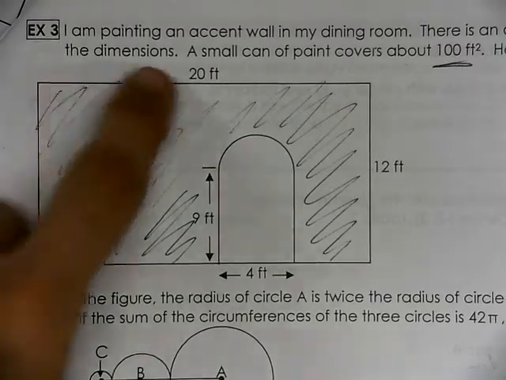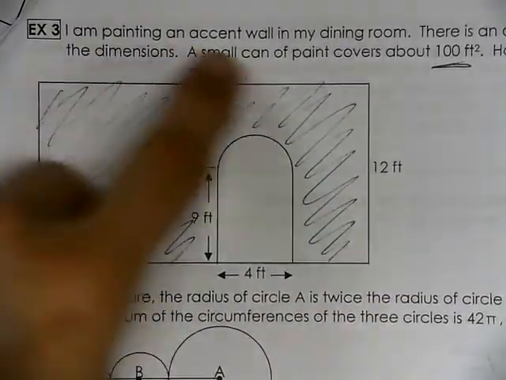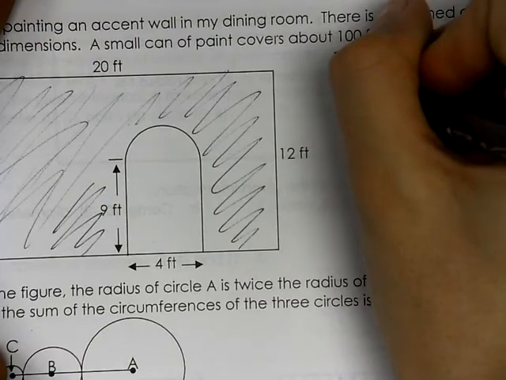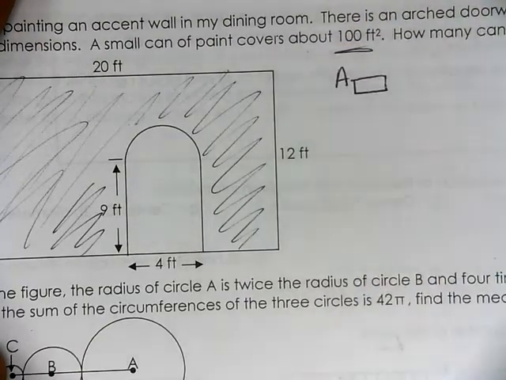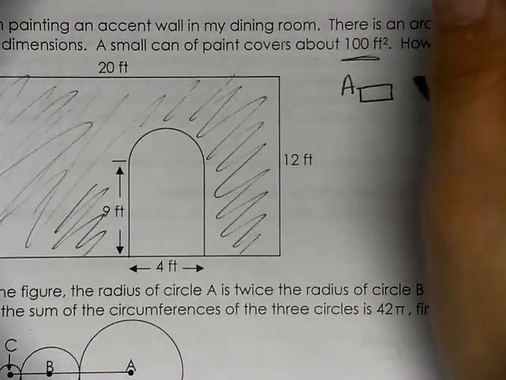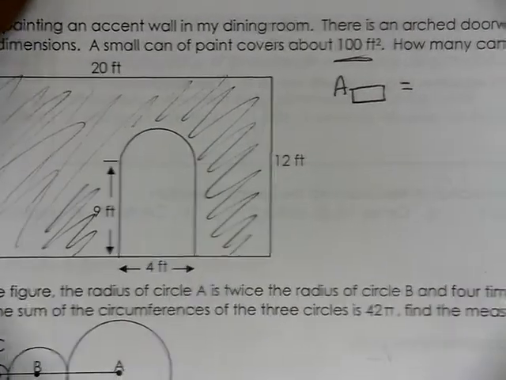Can I find the area of the whole wall? Do you all know how to find area of a rectangle? If it's 20 feet by 12 feet, that's a tall ceiling. What would I do to find the area of the whole wall?